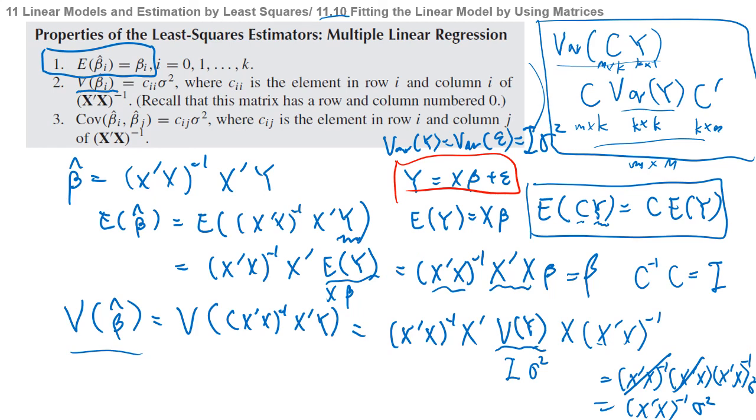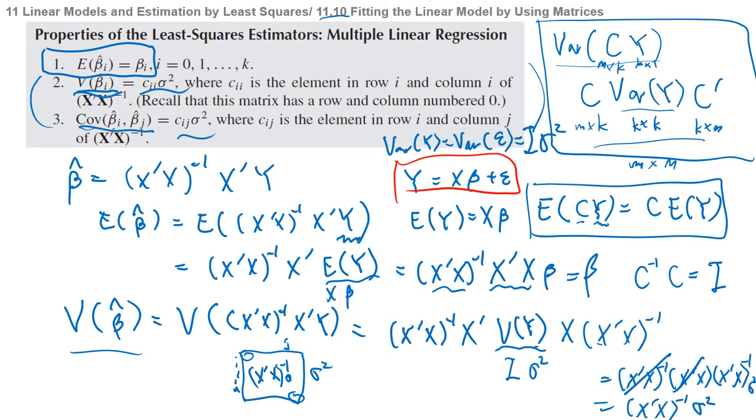The variance of beta i hat is a diagonal component of this matrix. This matrix is the (X transpose X) inverse matrix, and the diagonal component is the variance of beta i hat, and the ith and jth off-diagonal component is the covariance of beta i hat and beta j hat.